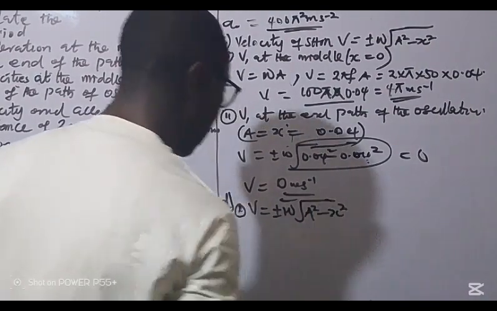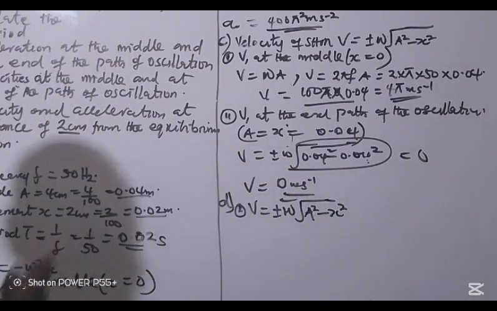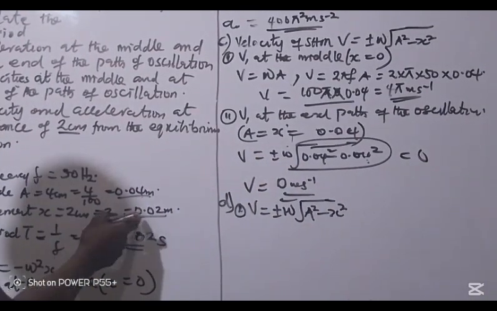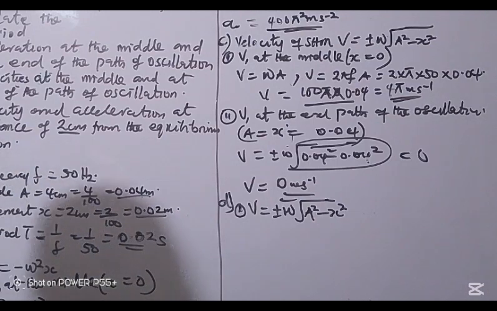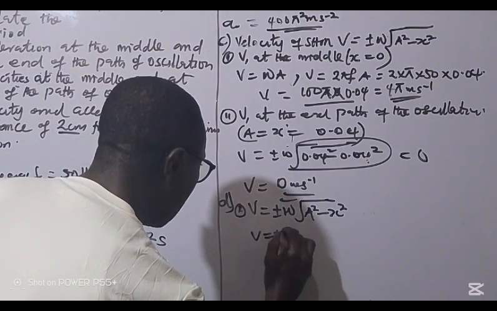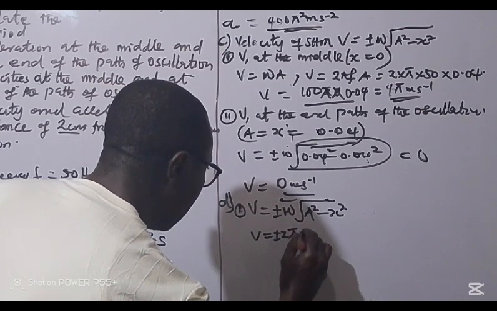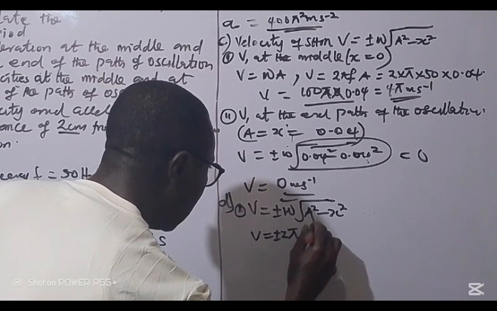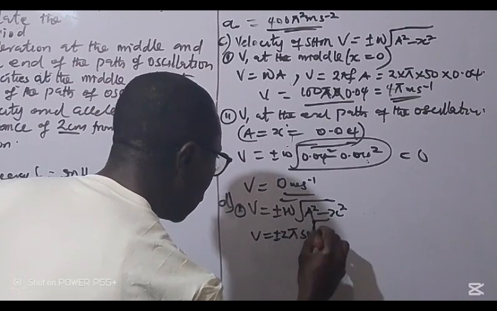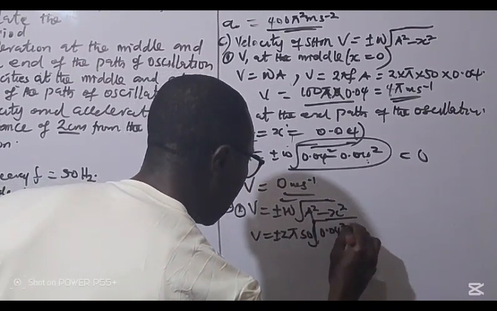Since our A is 0.04, S is 0.02, we are going to have V equal to plus or minus 2 pi multiplied by 50 into square root of 0.04 square minus 0.02 square.